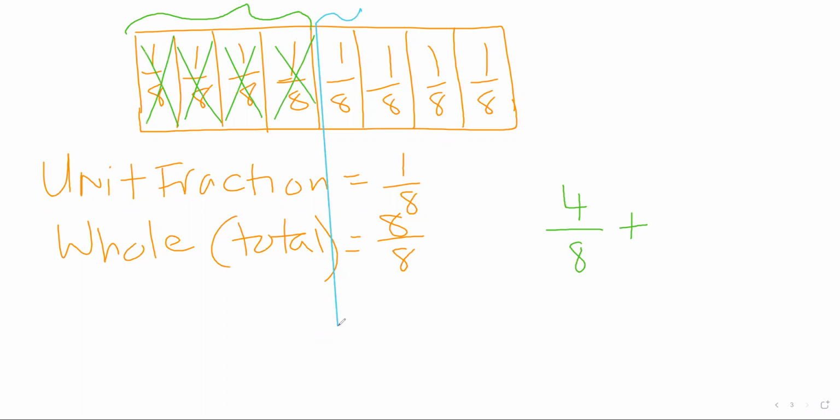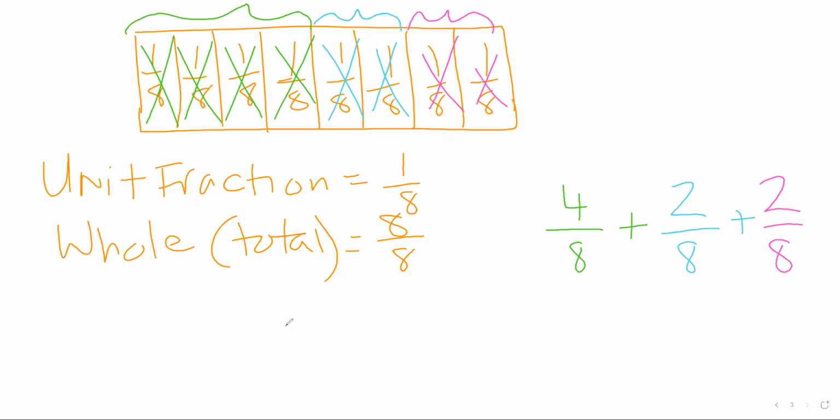So let's take these 2, 1, 2, plus another 2/8, plus what's left over, we'll make that pink, which is 2/8. And when we put all those together, we get 8 out of 8. I took 8 out of 8 and broke it into 3 different sections.